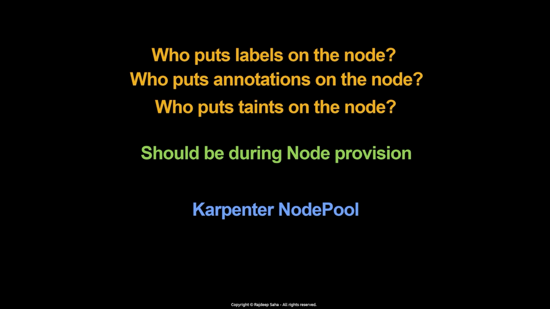When the node is getting created, you should attach all the labels, annotations, and taints. So which process controls what kind of EC2 instances should be provisioned? Karpenter NodePool YAML.